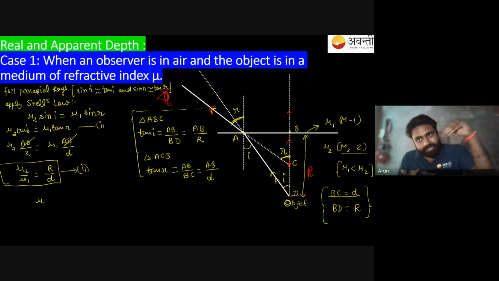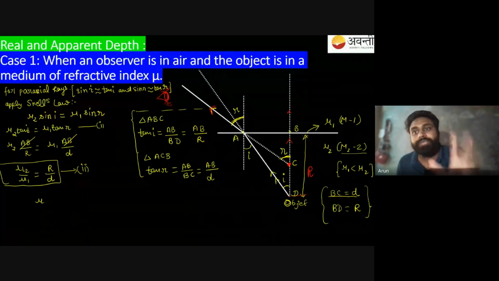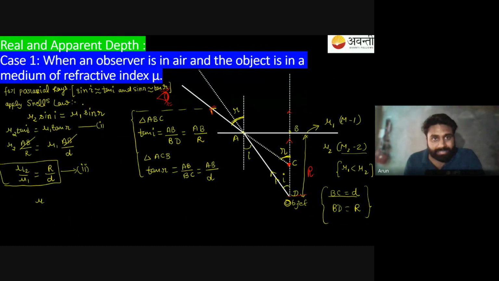So mu2 is the refractive index of the medium where the object is placed. Just keep this in mind. In this case, the object is placed in a medium of refractive index mu.